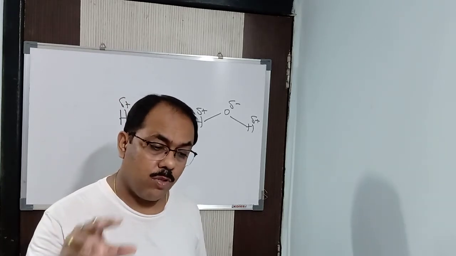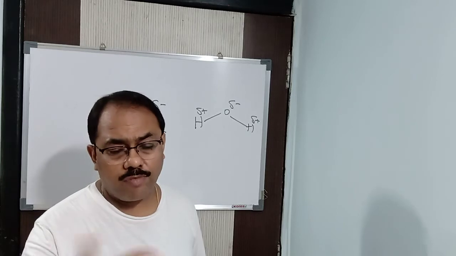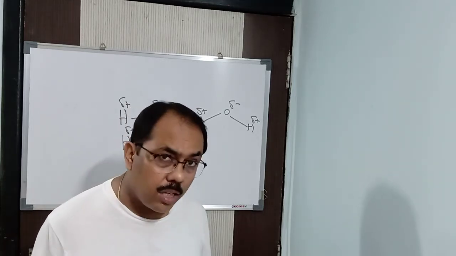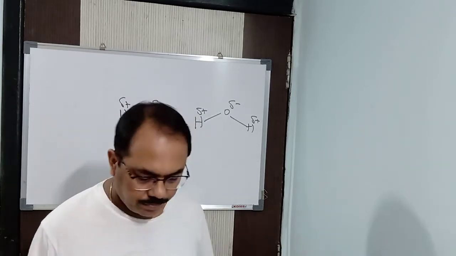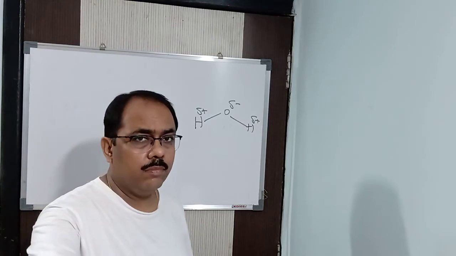For example, suppose I have got 10 chocolates. If I distribute them equally between two friends, 5 and 5, it is non-polar, because I have distributed the charges equally. But suppose to one I give 7, and to another I give 3.